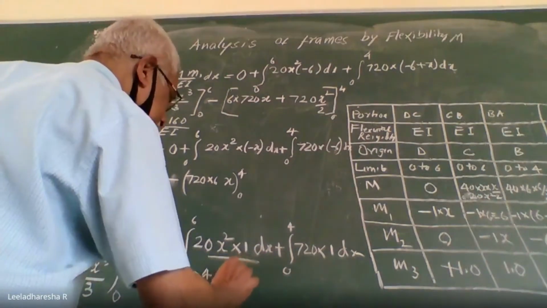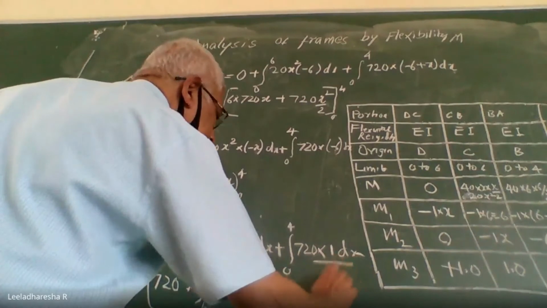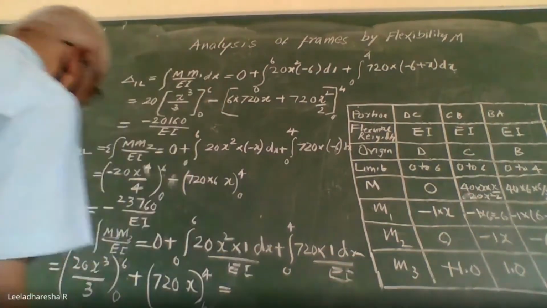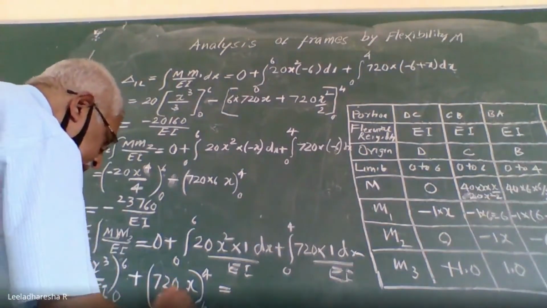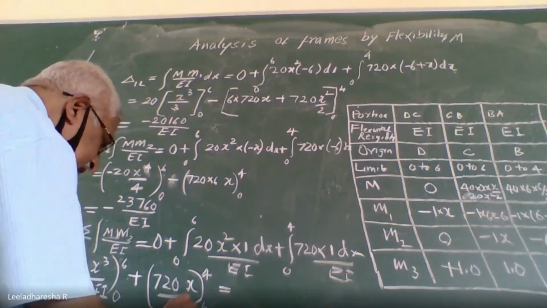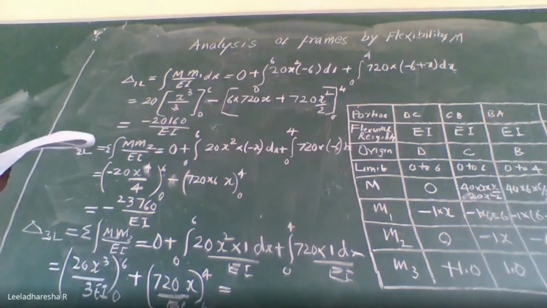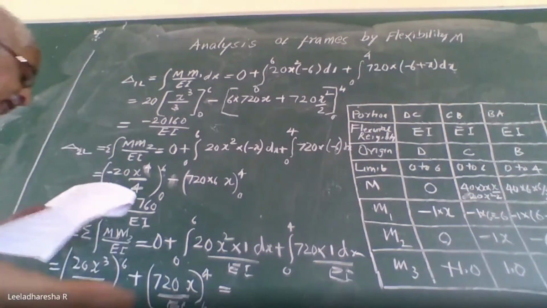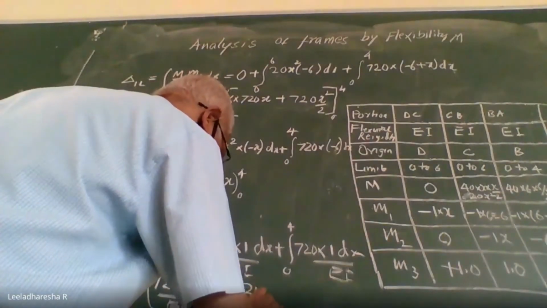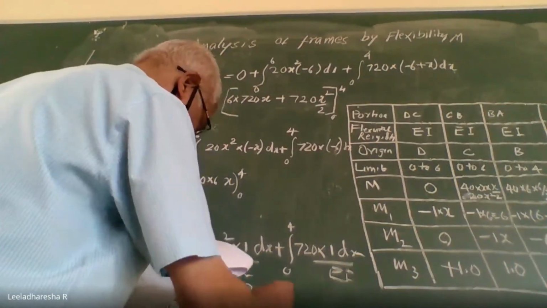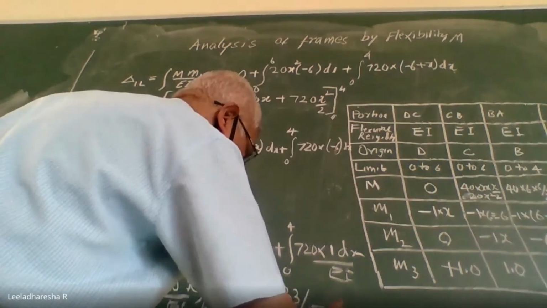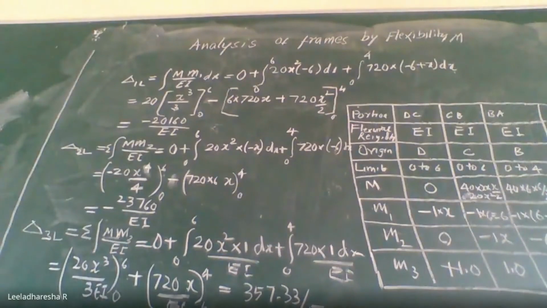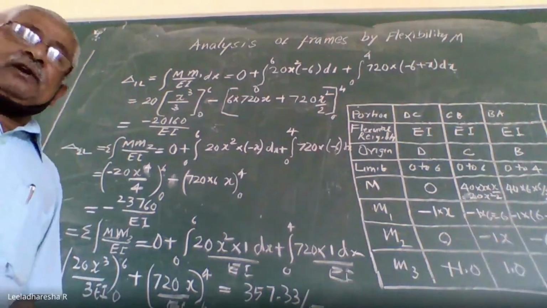Everywhere you bring EI. So I bring 3 EI, again by EI. So ultimately, you are going to get delta 3L as 357.33 divided by EI. So we got all the three elements of the displacement matrix due to external load.